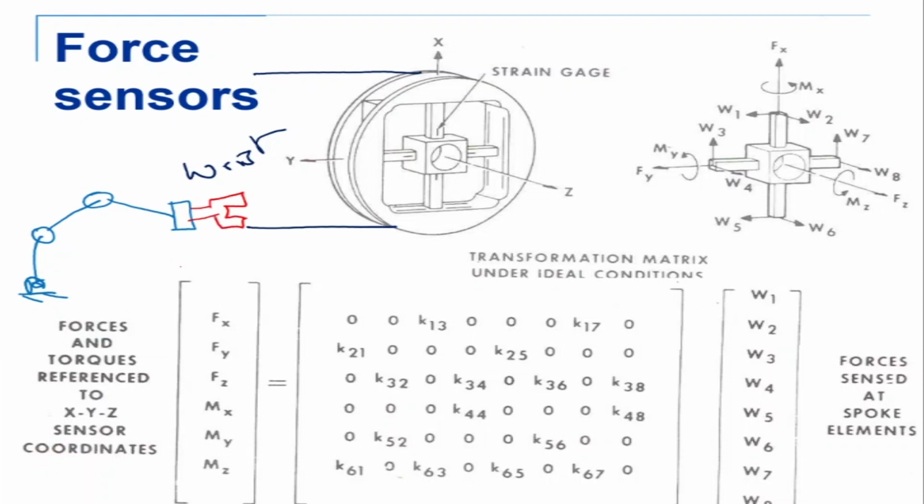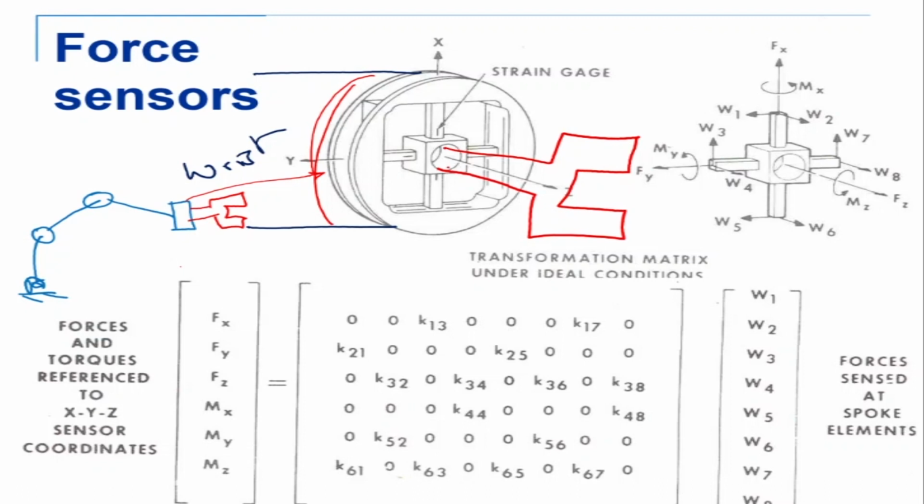So on one side we have the wrist of the robot, and the end effector is fitted here, something like this. That's my end effector. When the force or the moment acts, it acts on the end effector.